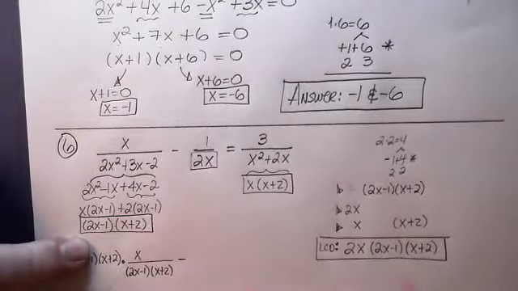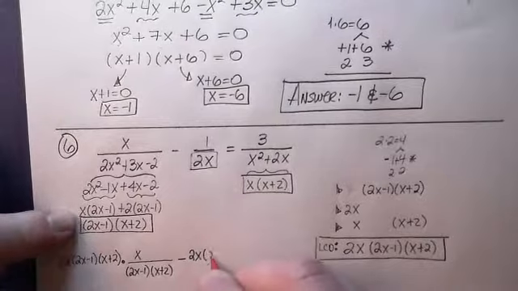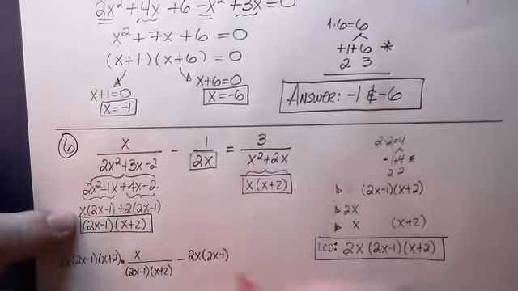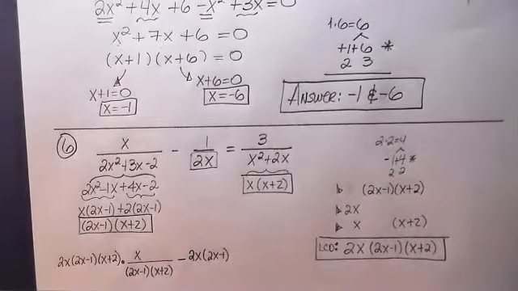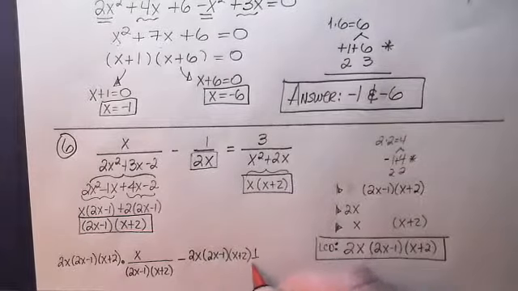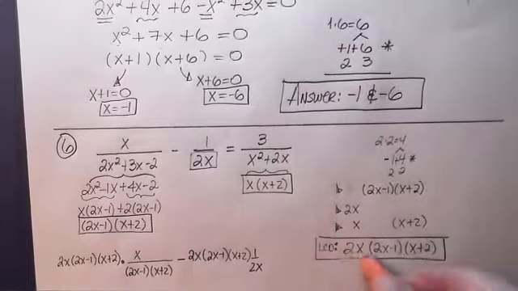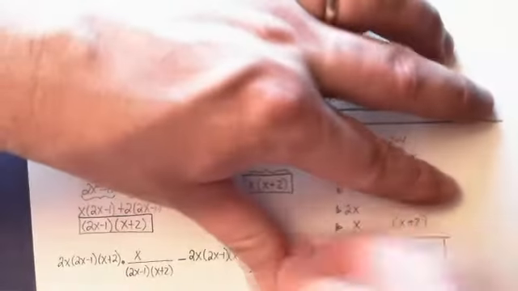Put a minus, copy the LCD, x plus 2, and this would be 1 over 2x. The only thing is I think I'm going to run out of space here. What I'm going to do is erase this to give us space.